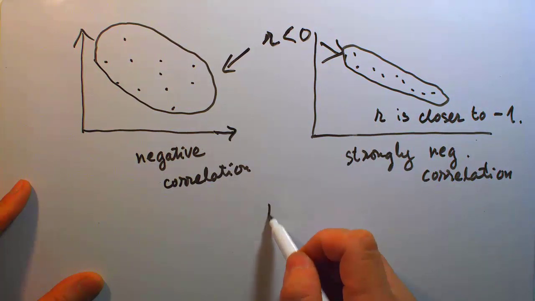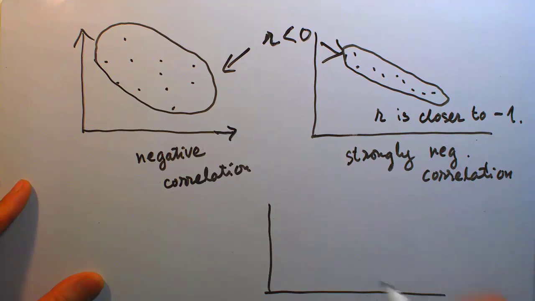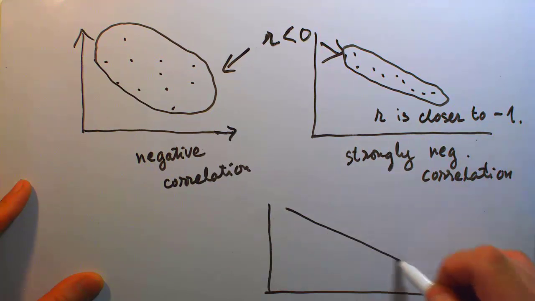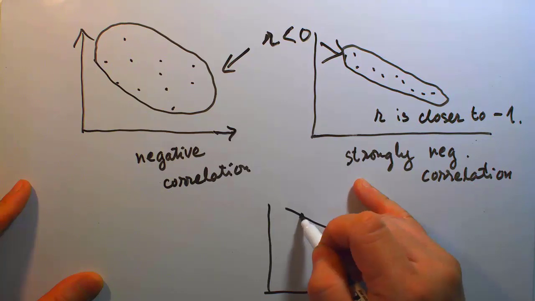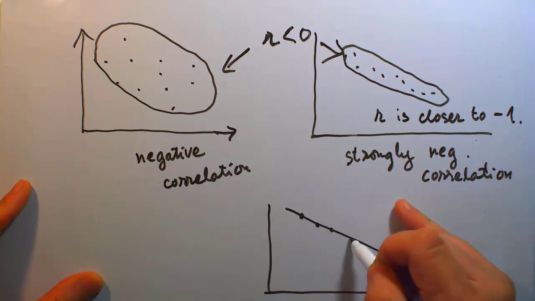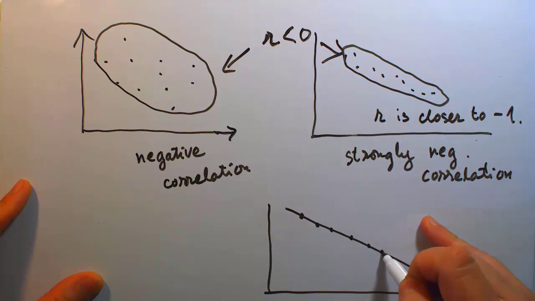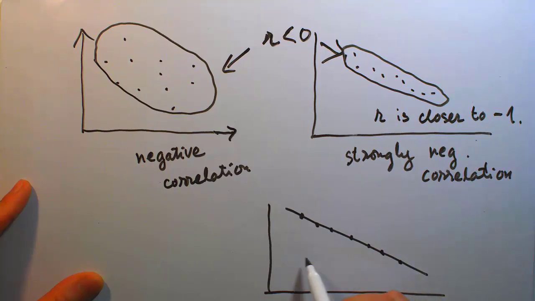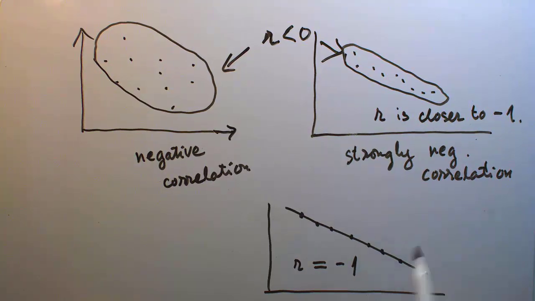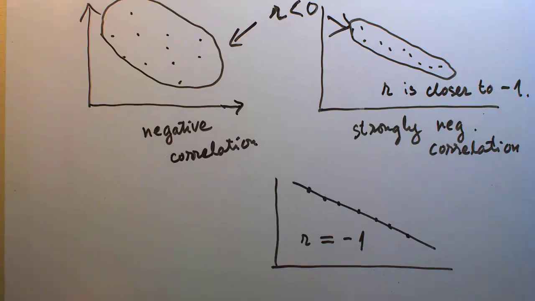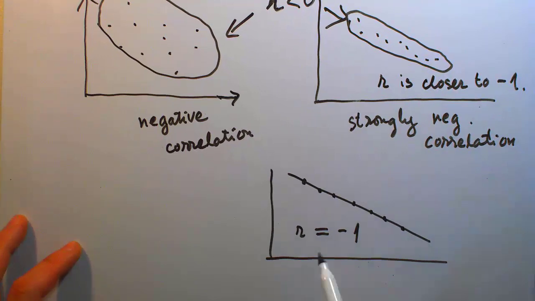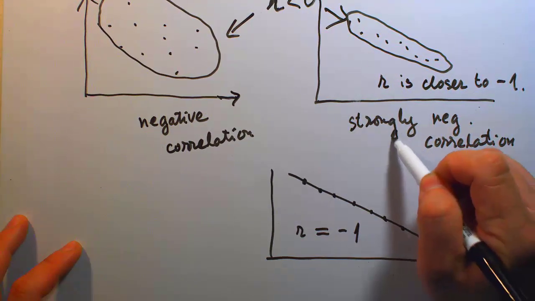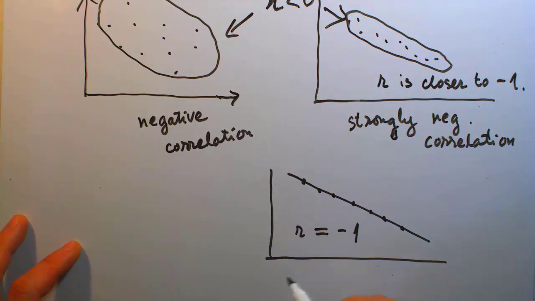Yes, there could be a time where you have a line with a negative slope and your scatter points are perfectly on that line. That is where you have R equals negative 1 precisely, if that ever happens. But once again, I see this as something that can only theoretically happen. In statistics work, it almost never happens.